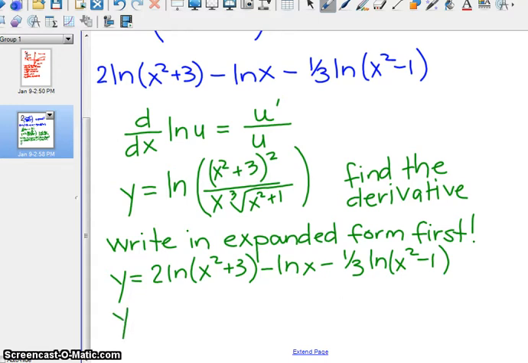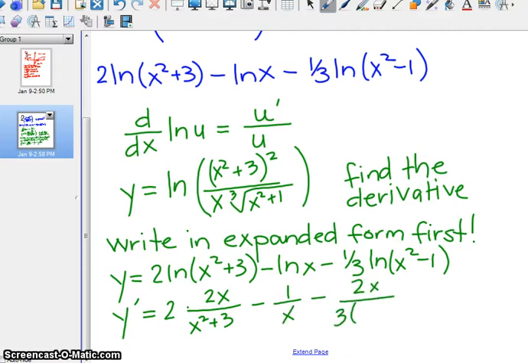So my derivative, because my rule is u prime over u: the derivative of x squared plus 3 is 2x. I already have the 2 in the front, it's my coefficient. So it's 2 times 2x over x squared plus 3, minus 1 over x, minus 2x over 3 times x squared plus 1.